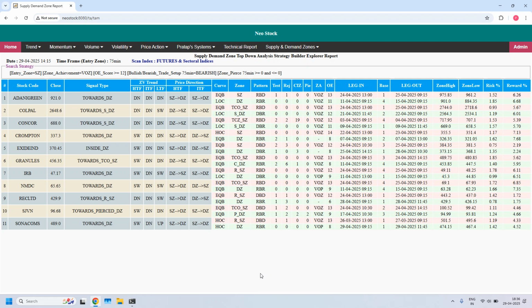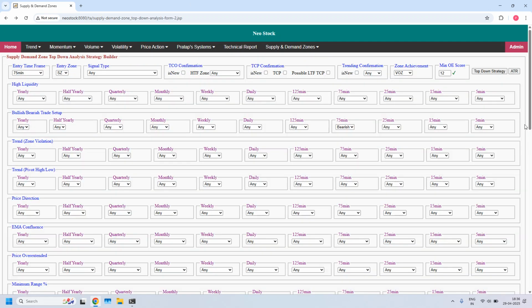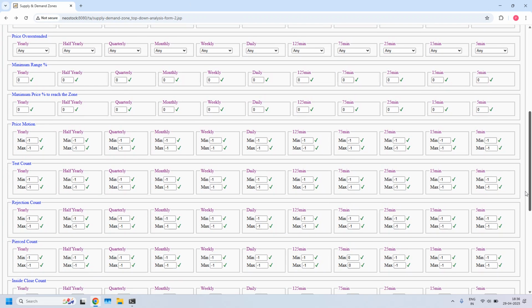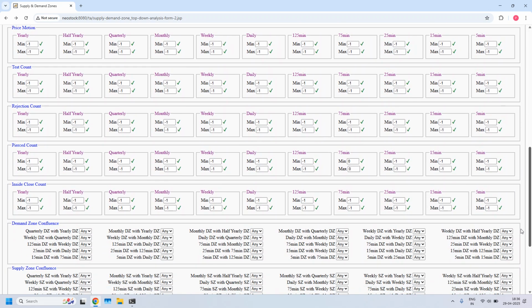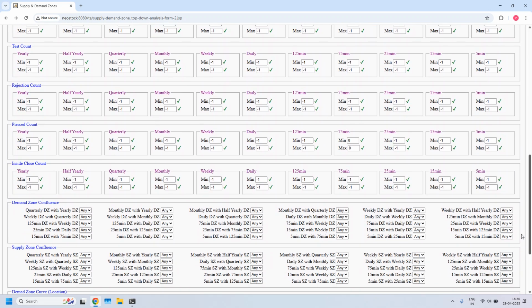So 11 stocks. Out of these 11 75-minute supply zones, how many have an even higher probability of success? That we will filter based on the supply zone confluence. That is the LTF and ITF supply zone confluence. First filter, that is 75 minutes with daily supply zone confluence.